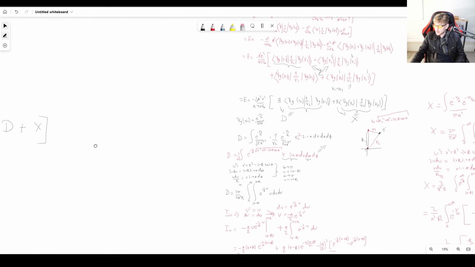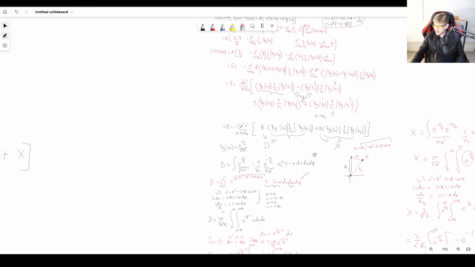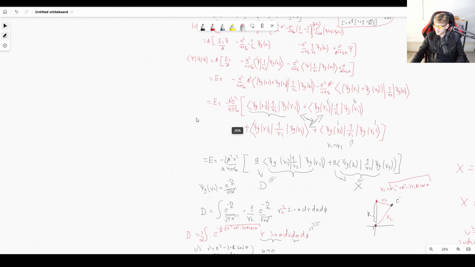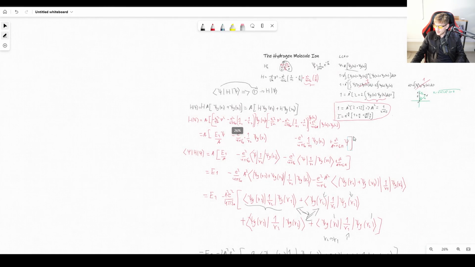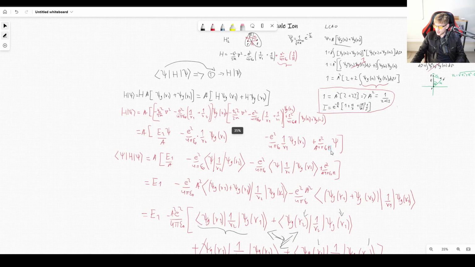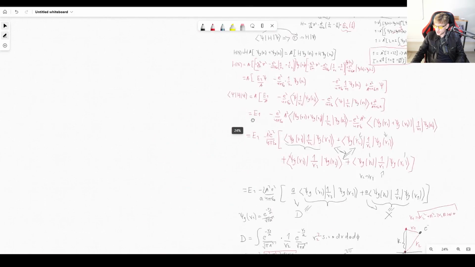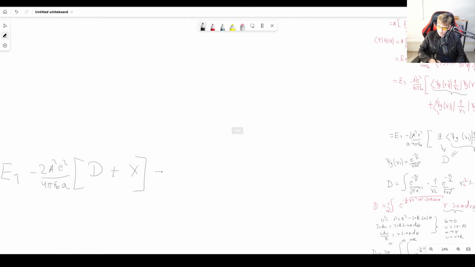Oh, and I think we almost forgot. Where did we leave the proton-proton part, by the way? Let's see. Oh, there it is. So the proton-proton part, as we discussed before, is simply plus e squared over 4 pi epsilon 0 r.